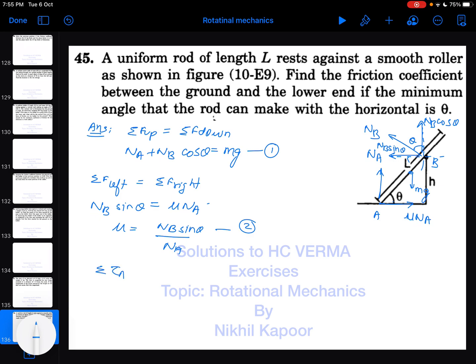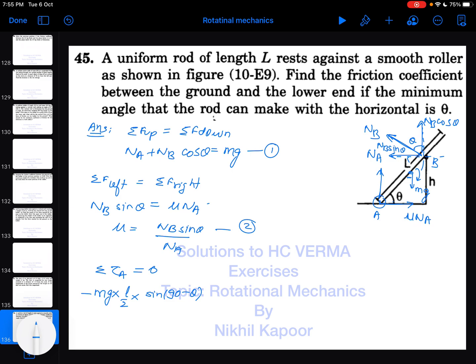So the sum of all torque about point A must be 0. If I take torque about this point A, the torque due to weight is clockwise, and that will be force into distance into sin of 90 minus theta, negative, clockwise. And the torque due to NB we can directly find.